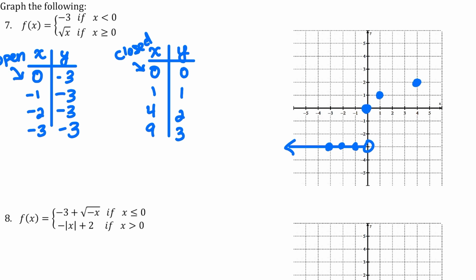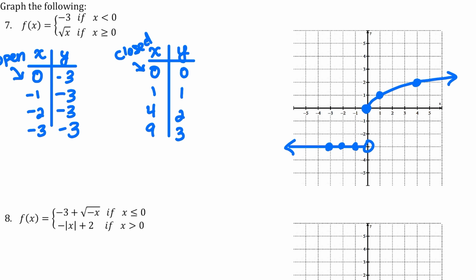Now, these are not the only points on the graph. What you need to show is every single value of x that's greater than or equal to 0, but you do that by just connecting your points and making sure your square root function looks like this. So these are piecewise functions. So you need to make sure to check, did you draw a function?